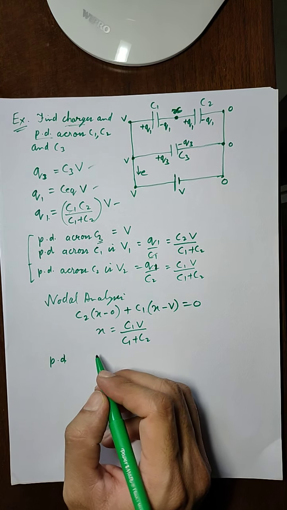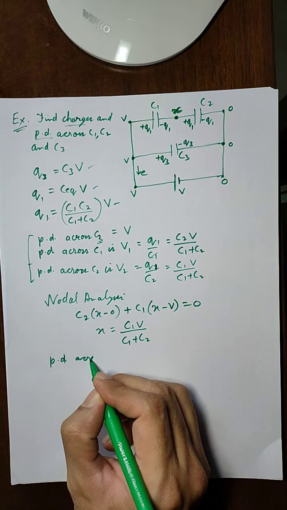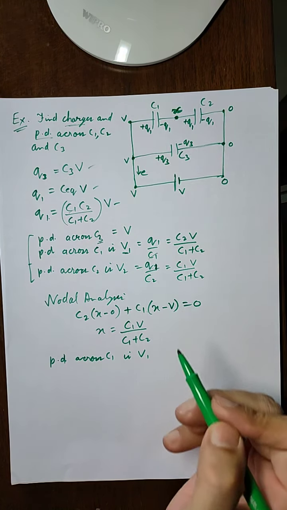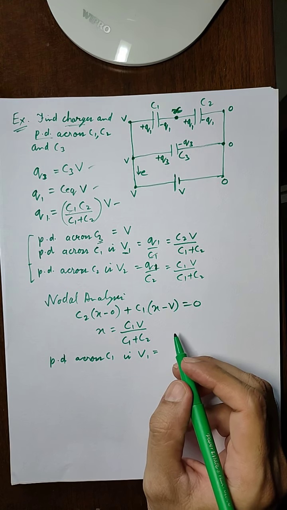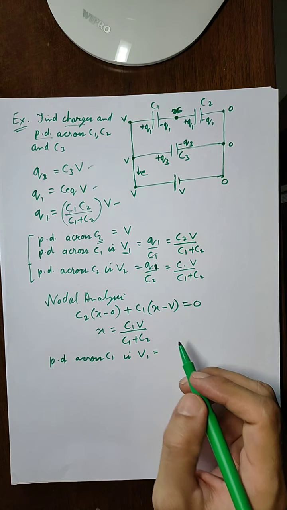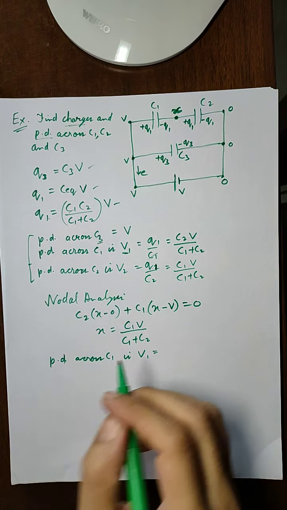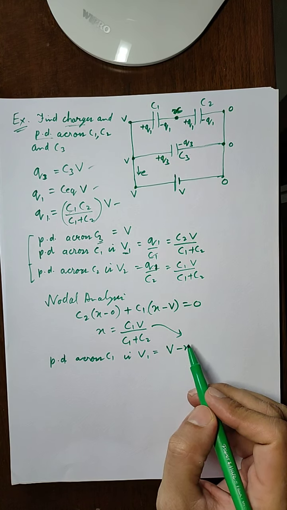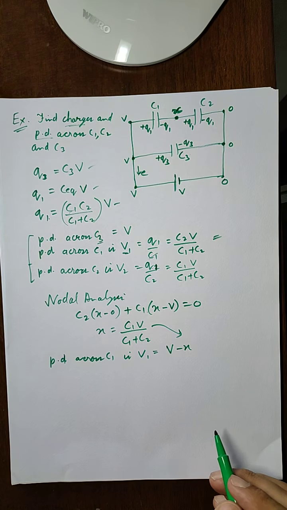So the potential difference across C1, which we took as V1 here, will be equal to V minus X, and by putting the value of X you will get the same result. You can verify it yourself.